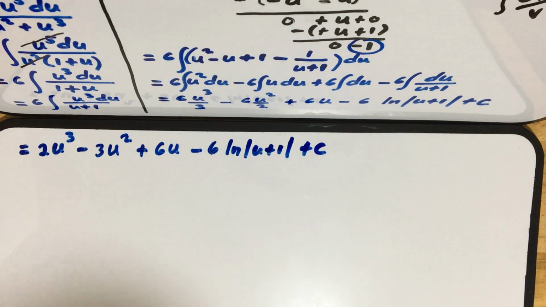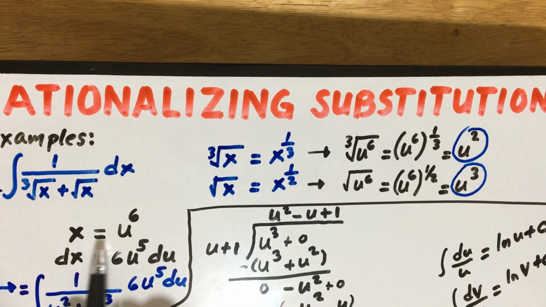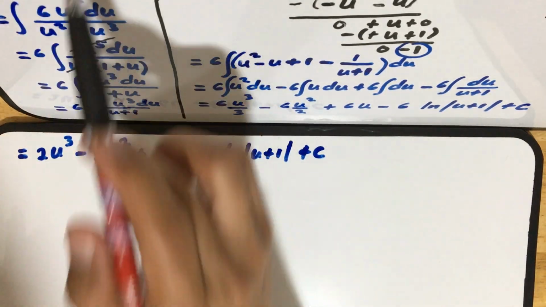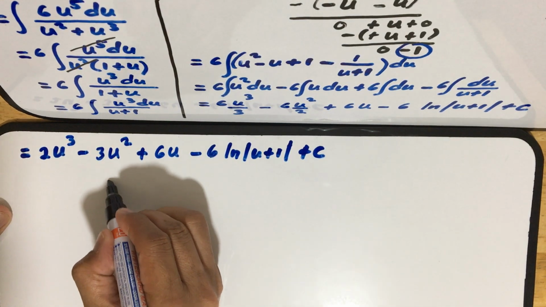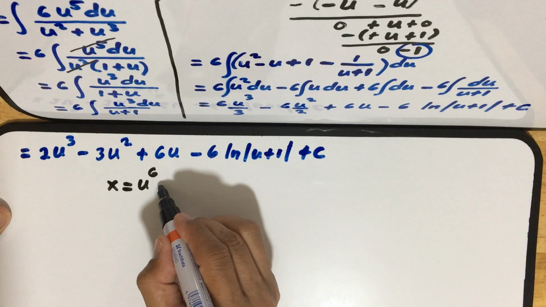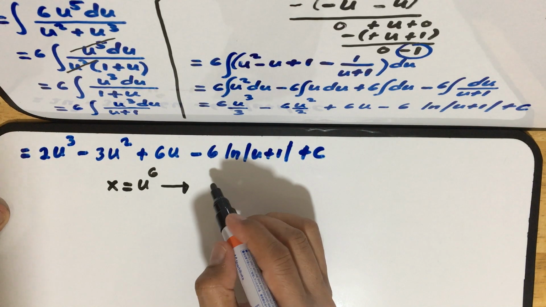Then substituting, so what is our u? We have from here that x equals u to the 6. So how do we solve for u in terms of x? If x equals u to the 6, then solving for u, you have to raise both sides to the power 1 over 6, right?